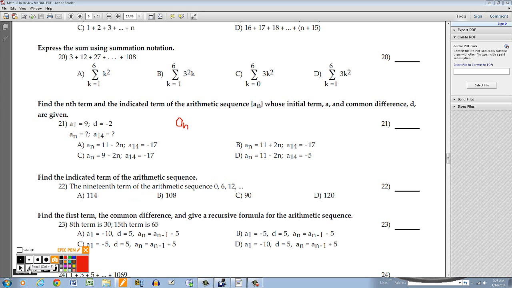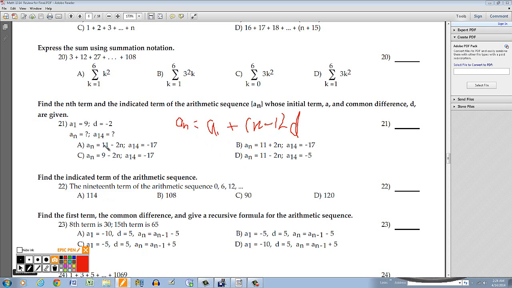Okay, equal to A1 plus n minus 1 D. Okay, in case you can't read it, here it is. The nth term is A1, first term, plus n minus 1 times D, which is the common difference.